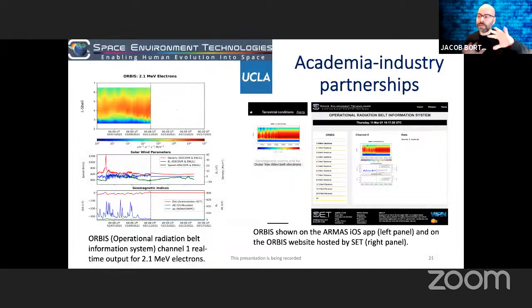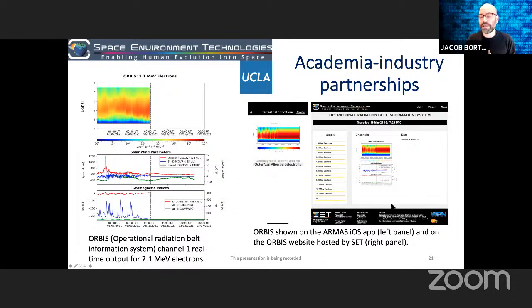Finally, I've talked about the application of machine learning in physics discoveries when I talked about plasma densities. Here I'm going to talk about more applications. And so we are partnering with Space Environment Technologies, SET, our small business partner. This is part of a space weather operations to research project where we're now taking our models that we've developed and making them available to the whole space weather community. And so this is done through SET.